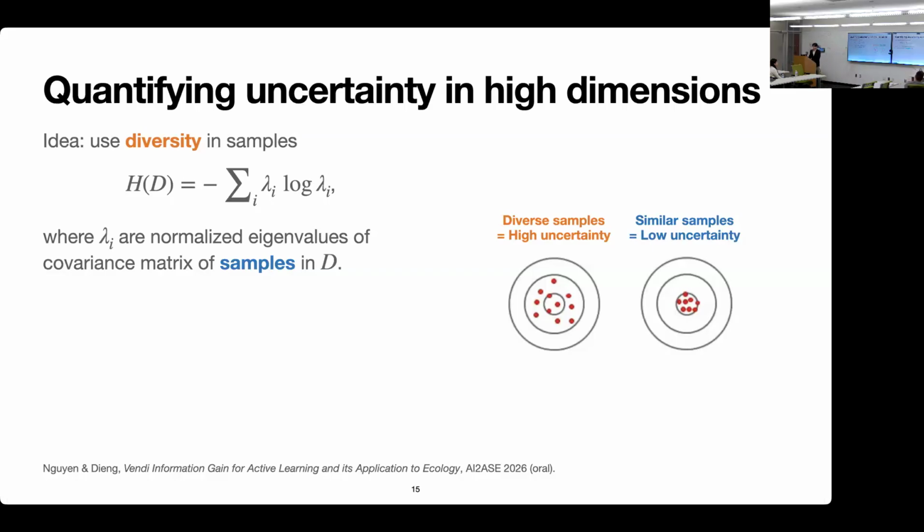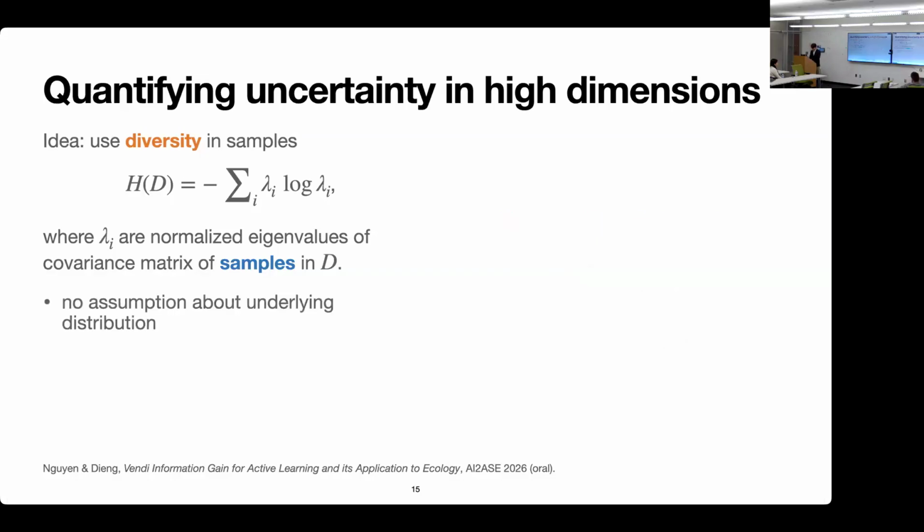Anyway, okay, let's try to pursue this idea of using diversity to quantify our uncertainty in high dimensions. So by using this particular function that just takes as input a data set of samples that you draw from a probability distribution, it doesn't actually make any assumption about the underlying distribution at all, which is a plus when you compare it against other uncertainty quantification methods, where quantifying uncertainty assumes that there's some underlying distribution.